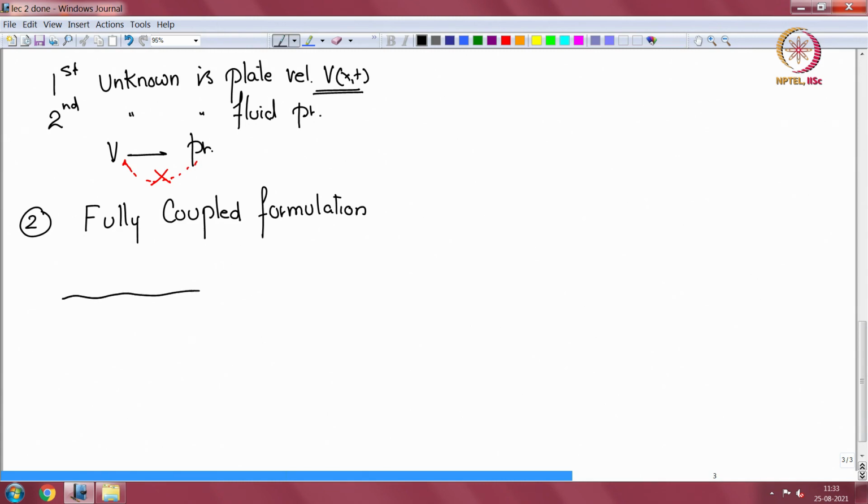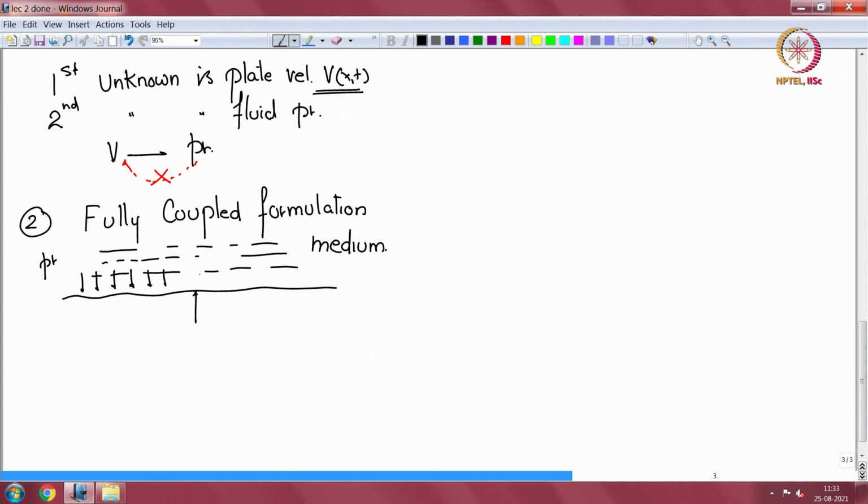The plate is excited and the plate excitations create pressure ripples in the fluid. So the medium is already there, it is not vacuum anymore. So pressures are created. Now these pressures are immediately applied to the plate.